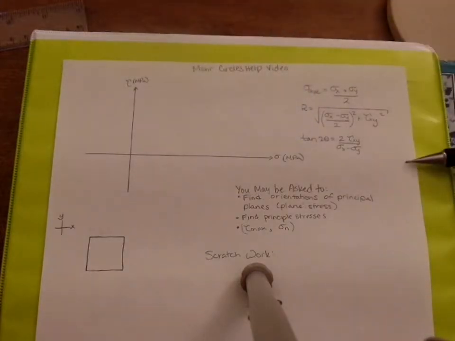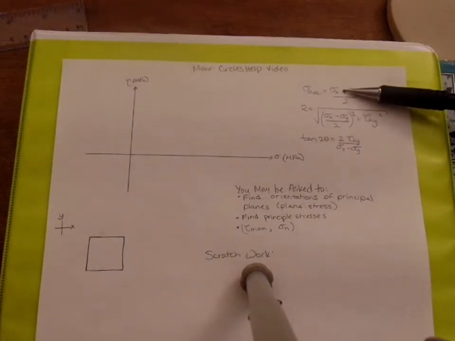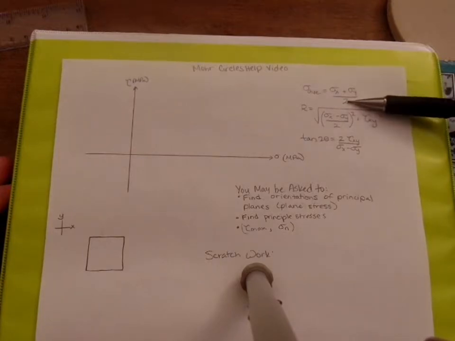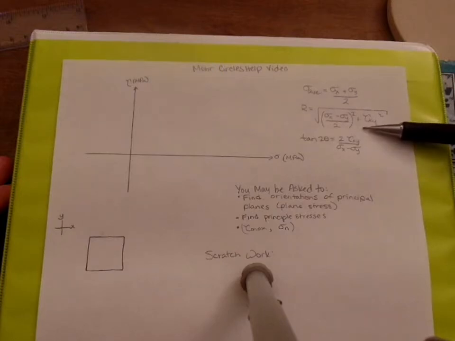You need to have these three formulas stuck somewhere in your head, and they'll make more sense in a little bit. One is the average normal stress, and that's going to be the plane stress in the x direction and the plane stress in the y direction divided by 2. So it's an average. You need to have this one stuck in your head.